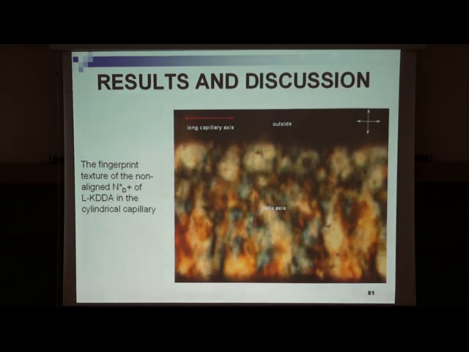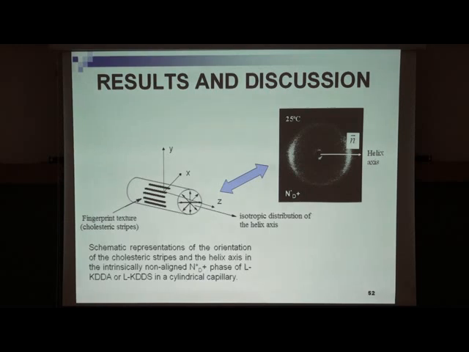And if we apply the Sachs experiment to these phases, we can obtain a circular, isotropic-like Sachs pattern, and we explain the result by the isotropic distribution of the helix axis in the Sachs tube.